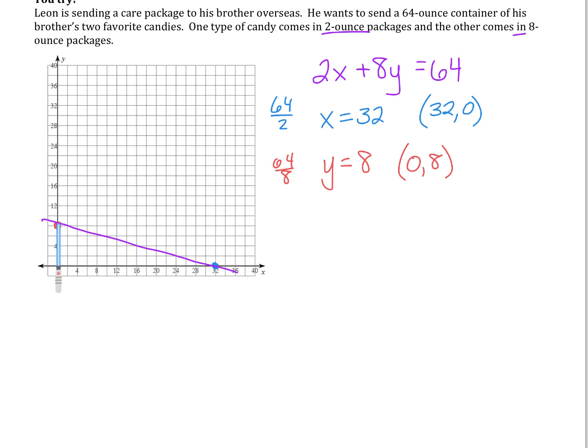Or I could go over here and have 8 ounces of one and about 6 ounces of another. I could go over here, if my points are correct, 16 ounces of one and 4 of the other. And so all of these are just different combos that we could do of the candy, okay? Yeah, and that's all I'm kind of asking for, okay?